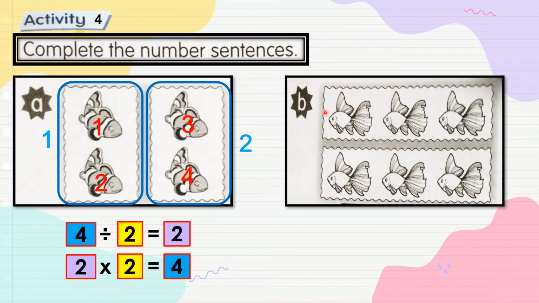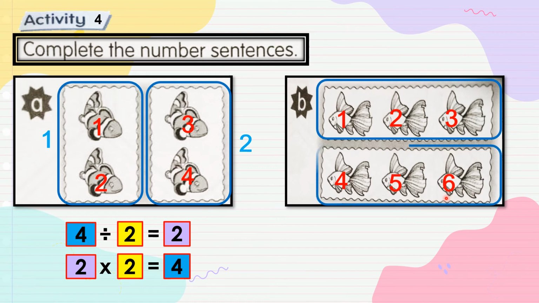Next, B. How many fish are there? Let's count. 1, 2, 3, 4, 5, 6. There are 6 fish. How many fish in each group? Yes, 3. Let's write the number sentence. 6 divided by 3 is equal to missing number.